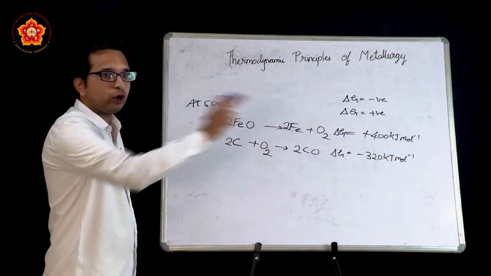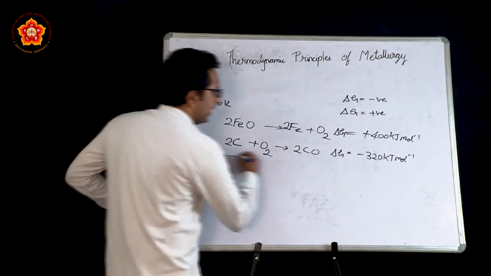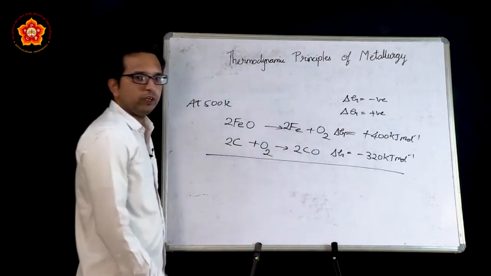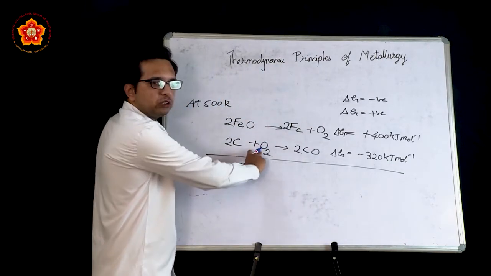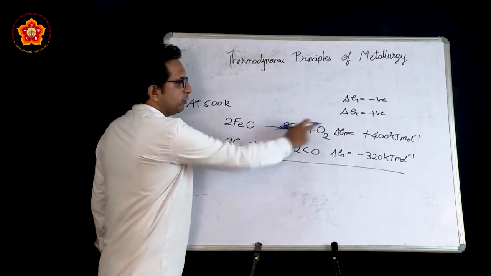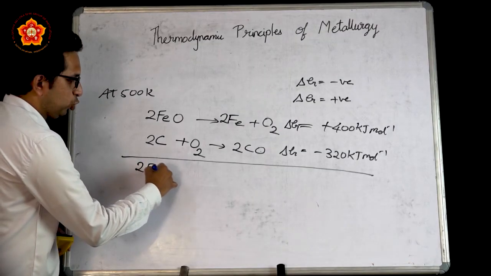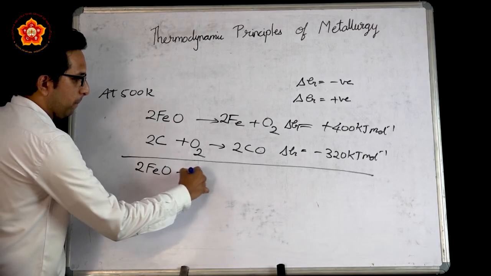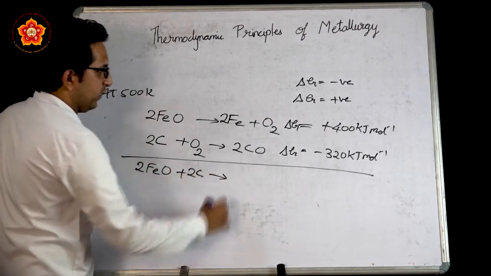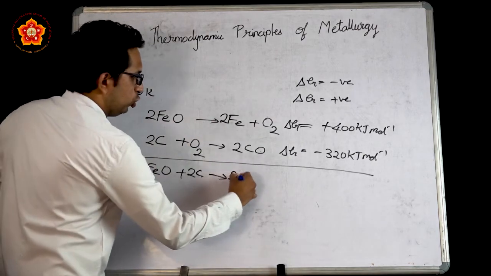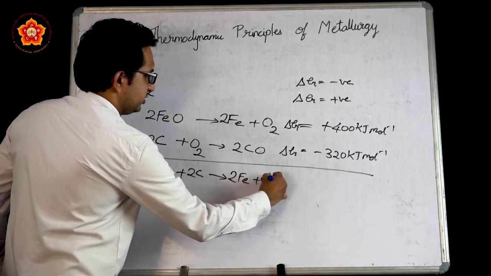Now, what is the overall reaction that is taking place? How do we identify the overall reaction? We know very well that the oxygen on the left hand side gets cancelled out with the oxygen on the right hand side. This reaction will be 2FeO plus 2C giving rise to 2Fe plus CO.